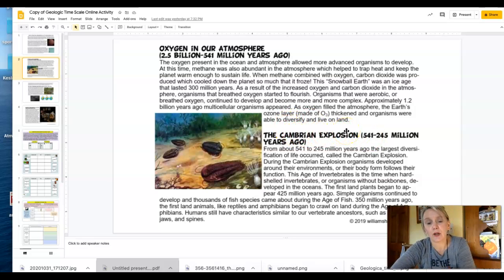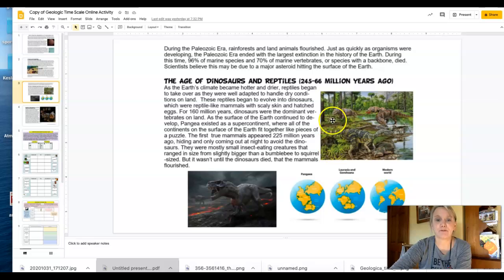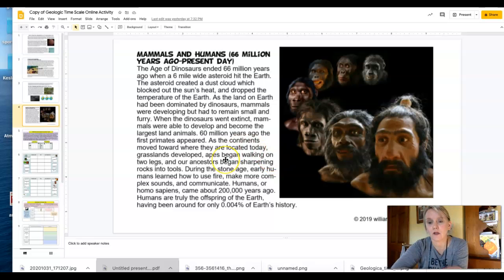That was a period where things changed enough on Earth and in our atmosphere that it was much more like what it is today. And that gave rise to all kinds of life, and life started branching out in all forms. We move on to 245 million years ago, and we begin the age of the dinosaurs, and then finally the age of the humans.